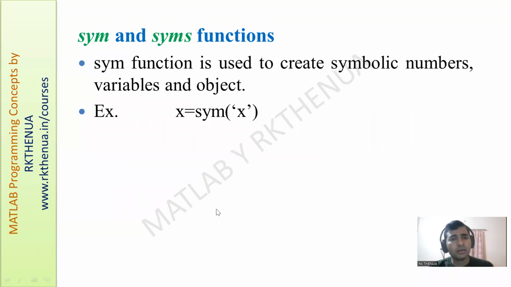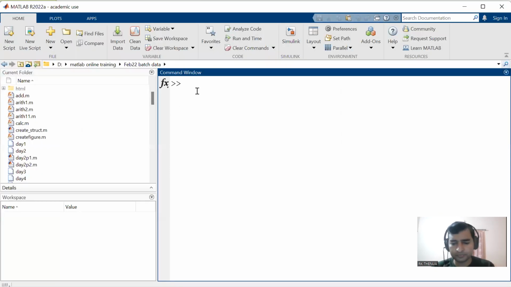Okay, so how do we create these symbols? We have two ways to create symbols. One is sym, and the other is syms. By using syms, we can create any individual symbol. So I start a diary first, diary day 20.